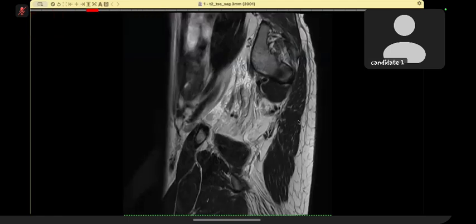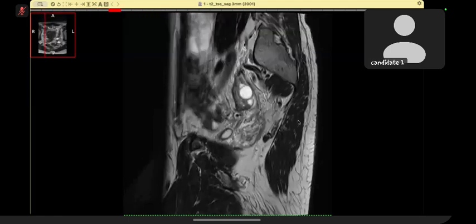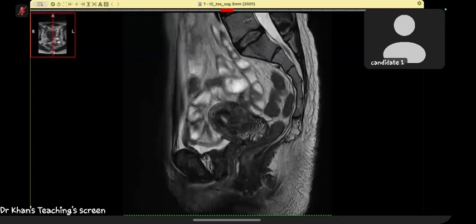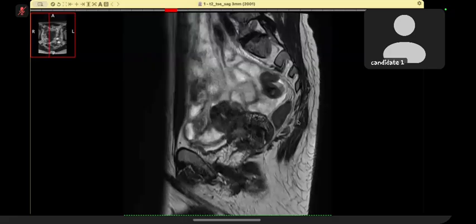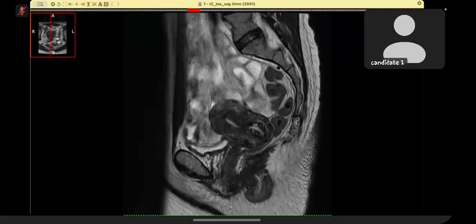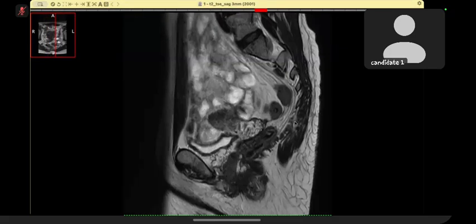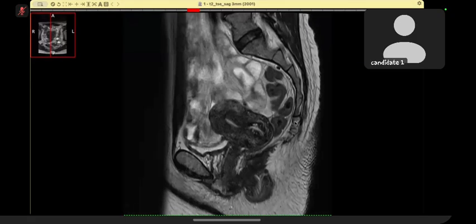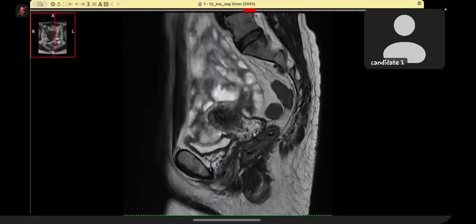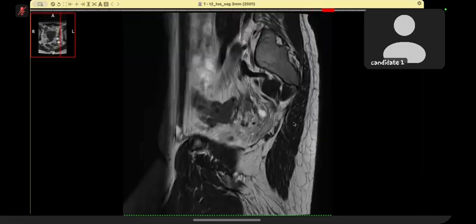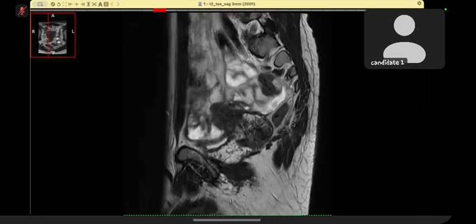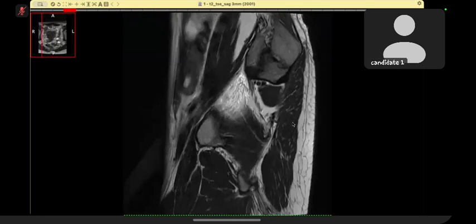The uterus is anteverted, and the endomyometrial junctional zone appears normal. The query is for any structural abnormality. The uterus on the sagittal section seems to be normal to me. Just looking at the bilateral adnexa, bilateral ovaries with dominant follicles are normally seen bilaterally.